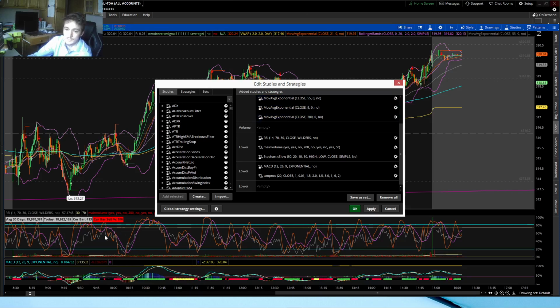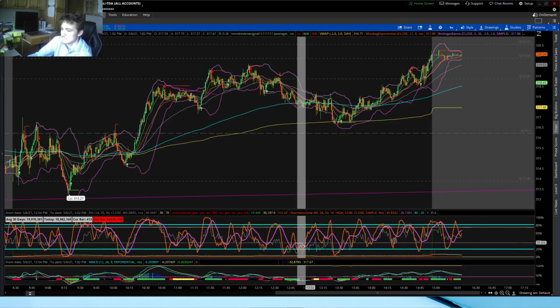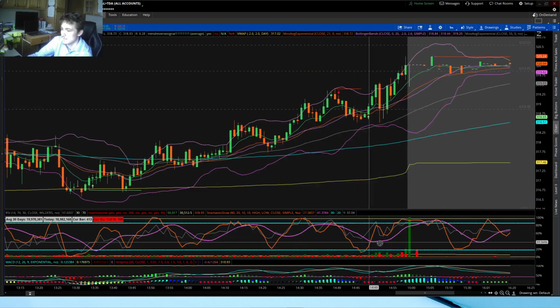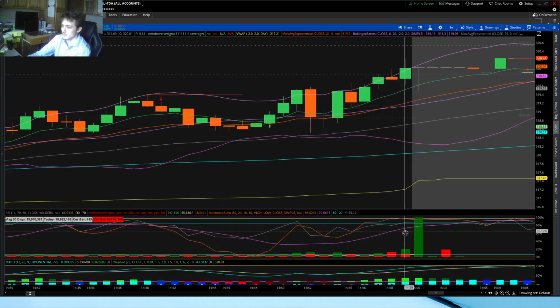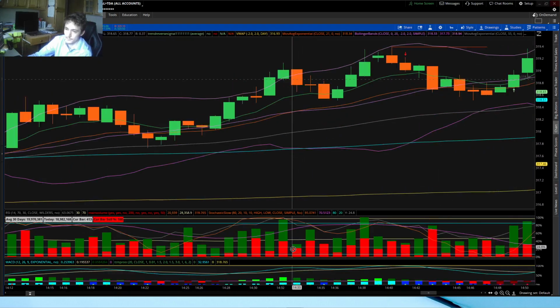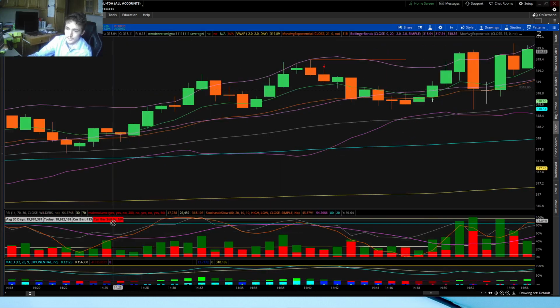And then I use my Stochastics Slow, and then I'll put my RSI in there too. I also have my volume bar in there, and I use a different volume bar. I use one that tells you the current volume, the average 30-day volume, today's volume.